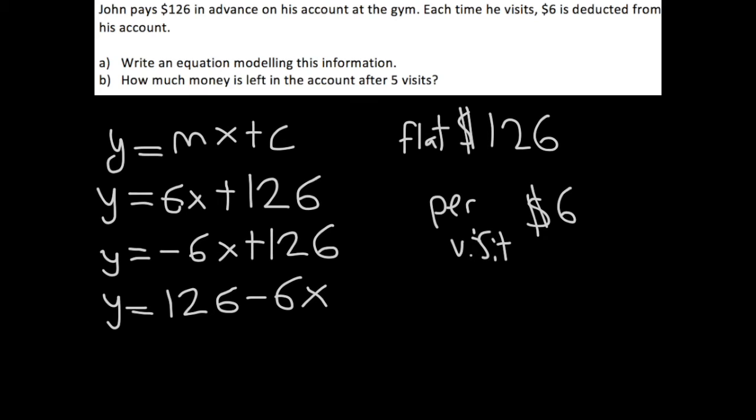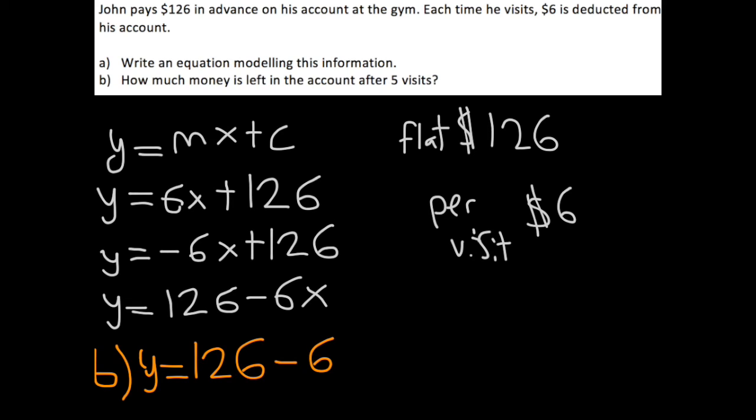Now part B says, how much money is left in the account after 5 visits? And now we've pretty much gone back to the previous questions where it's the same idea. So solving for B then, it asks how much money is left in the account after 5 visits. Using our formula, y equals 126, which is the value we start with, of course, minus 6.